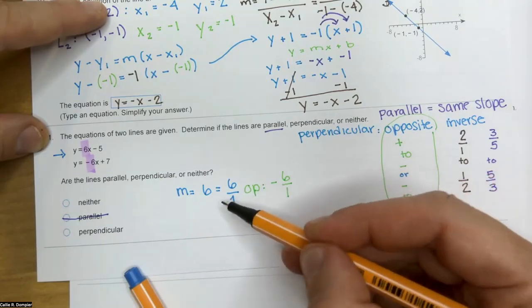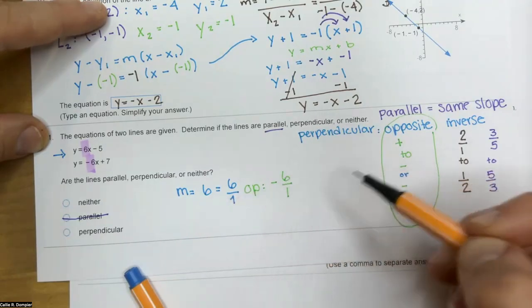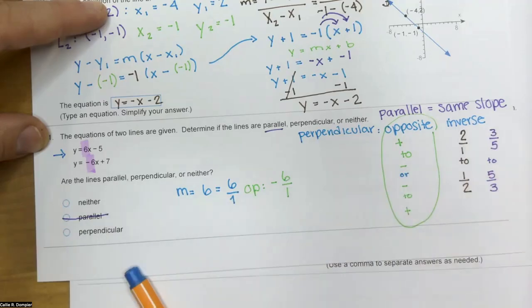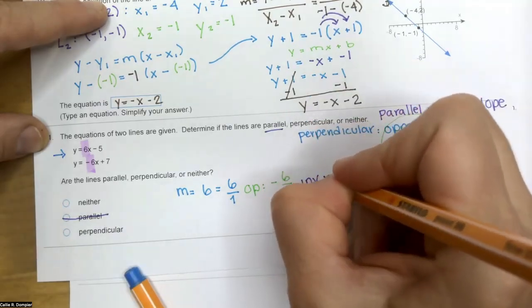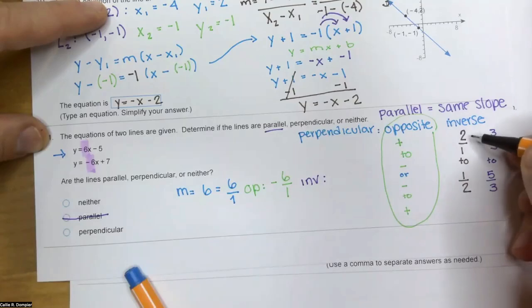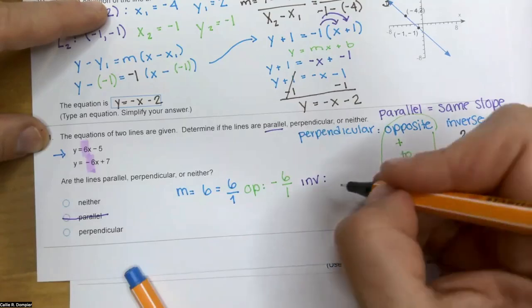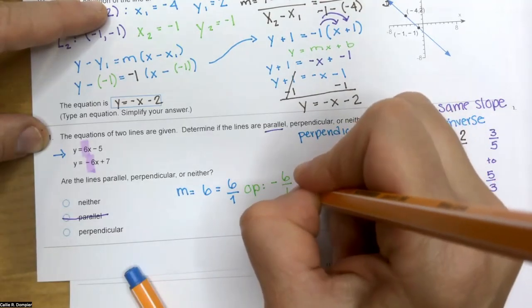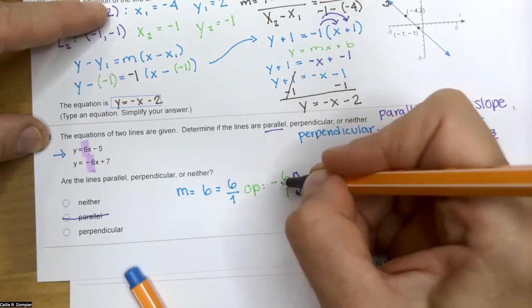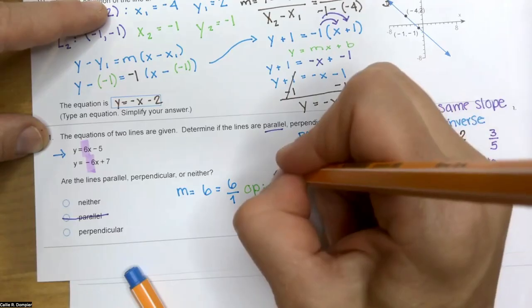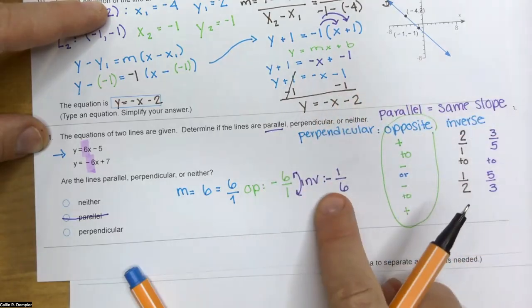So the opposite slope is going to be negative 6 over 1. But then we need to do the inverse. The inverse means we go from 2 over 1 to 1 over 2. So 1/6. Don't forget that negative though. The negative is still with us.